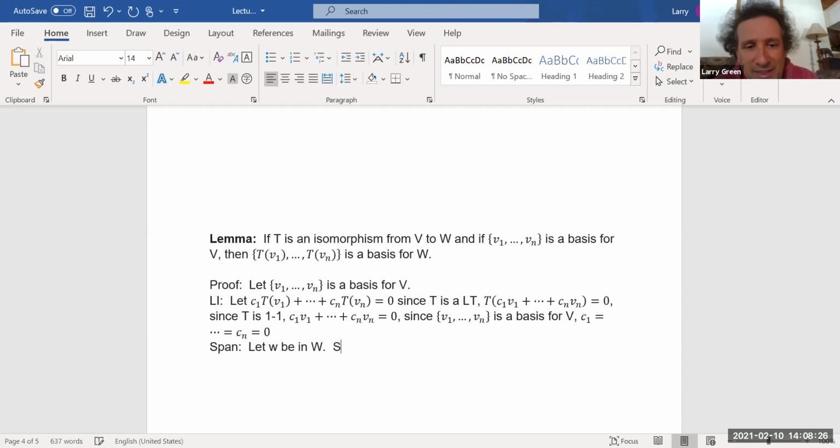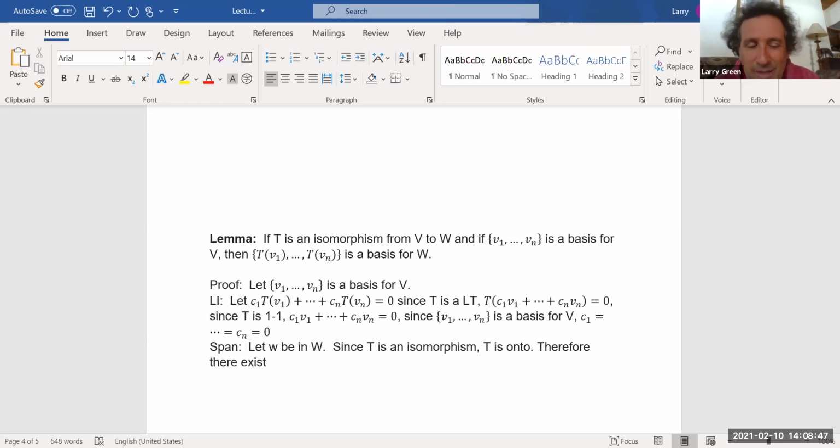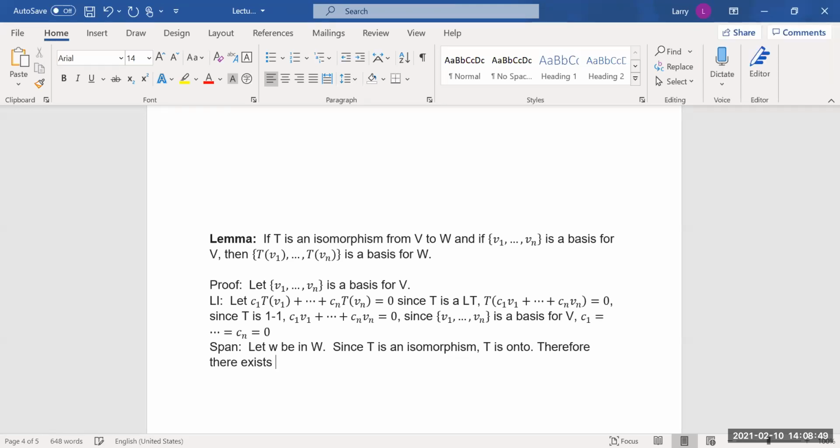But since T is an isomorphism, we know it's onto. So what does that mean? No ones and twos anymore, just onto.